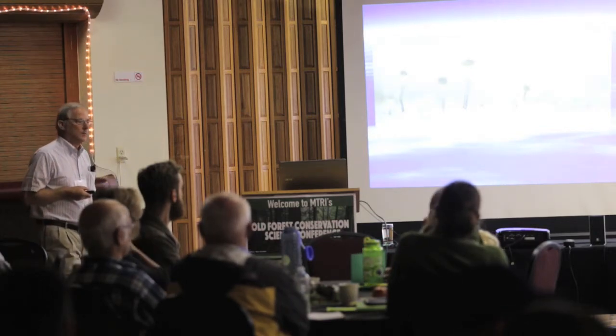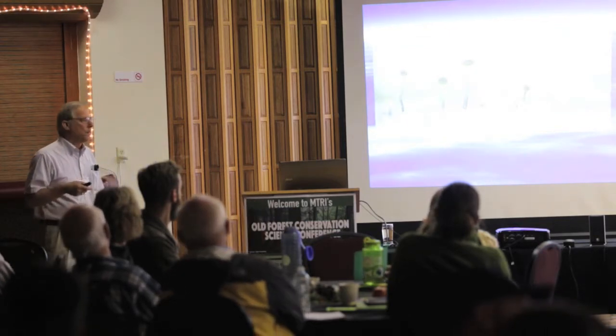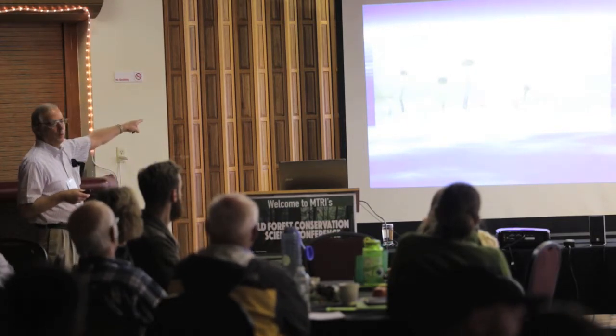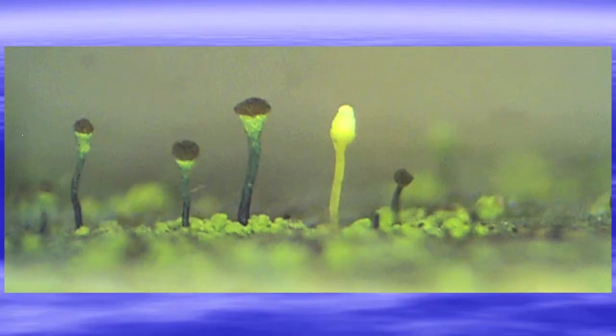So I went to the Harvard herbarium, they have a big lichen herbarium, and found the type specimen, looked at it, and it was also growing with the more typical apothecia. So it turned out that it wasn't a species of its own, it was just an albino form of that species.